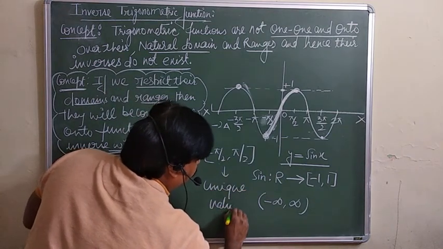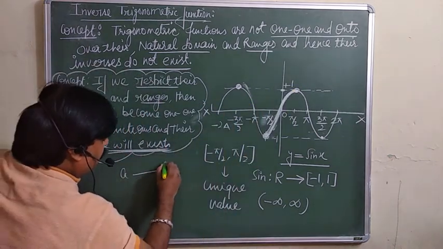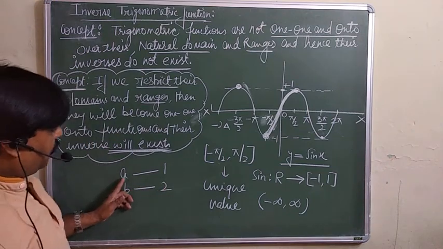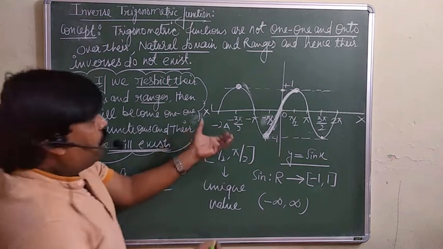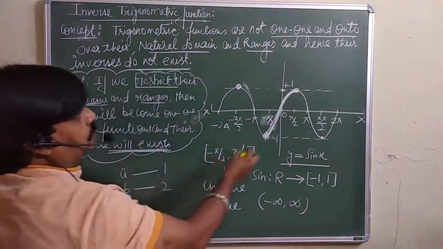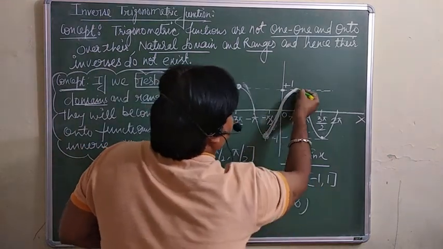Suppose I put A, then you will get 1. If I put B, then you will get 2. It cannot be that for A you get 1 and for B also you get 1. So if we restrict the domain and range, then we can take the inverse of that function.